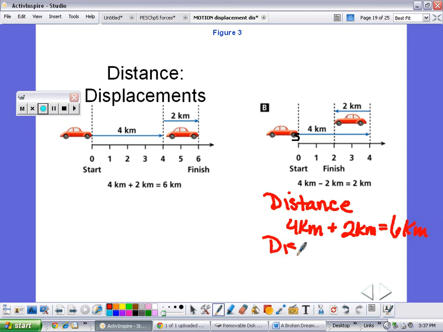But the displacement is going to be different in this situation. You go to the right, you start here, but then you finish here, so it's really you finished and only traveled 2 kilometers. So in this case, your displacement is shorter than your distance.